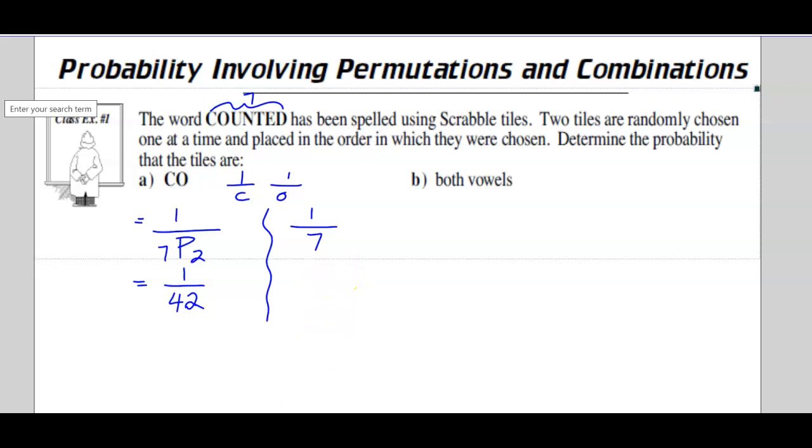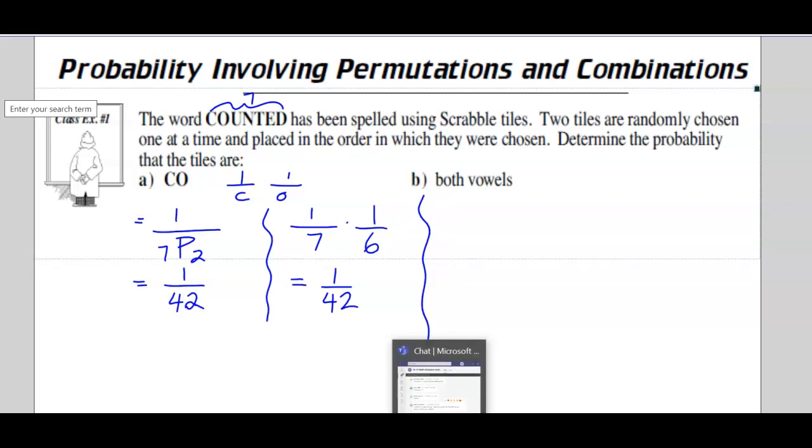Then we need to get an O. So if we've chosen a C, there is then 1 O out of 6 remaining Scrabble tiles. So if we do that, we get 1 out of 42. So either way, you get the same answer.